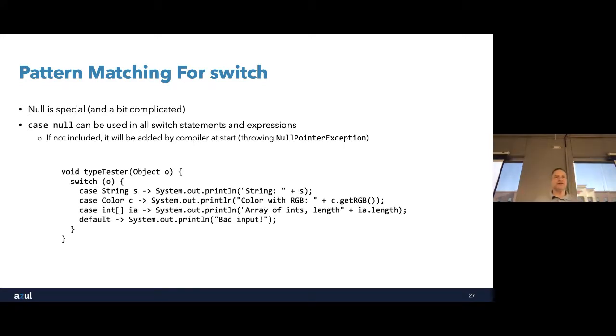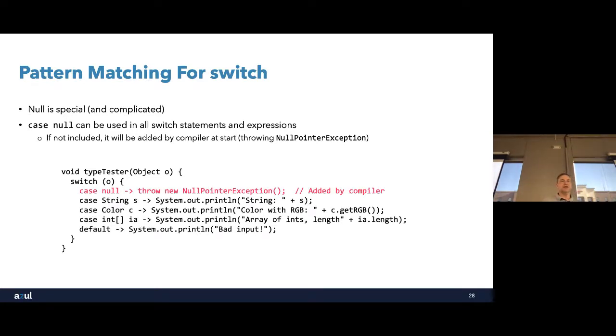So if we take the example we had before, where we switch on O, we've got a case string, case color, case int array, and a default, what the compiler will actually compile in that case is with a case null, there's the first one, throwing a null pointer exception. So the behavior will be identical to the way the code worked before, but from a syntactic point of view, what's really happening is it's inserting the null for you and giving you the same behavior.